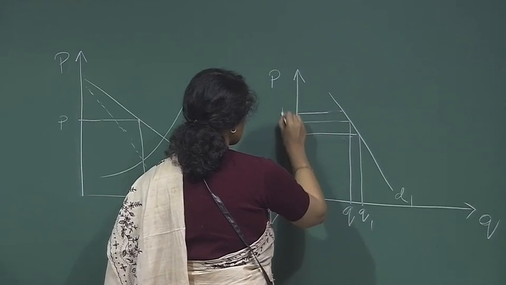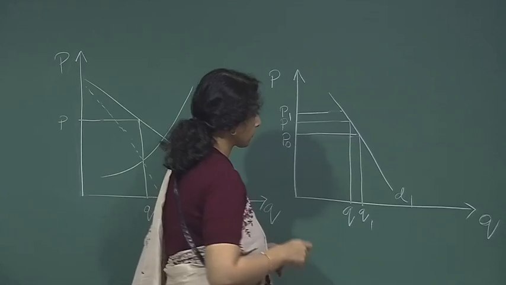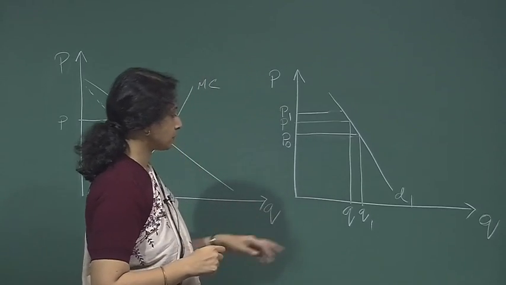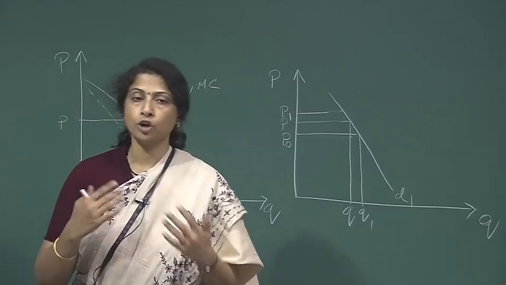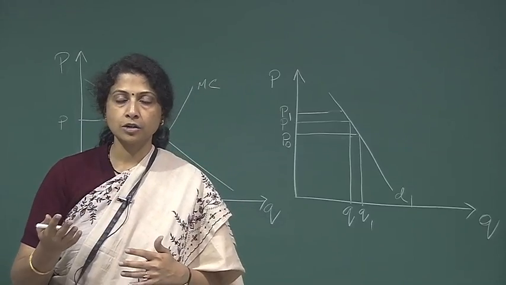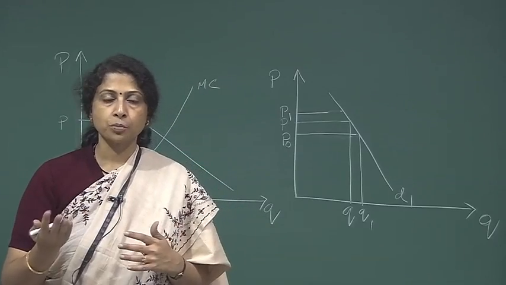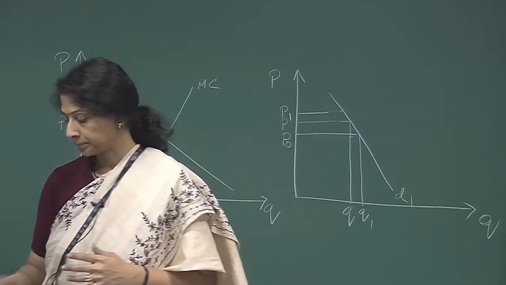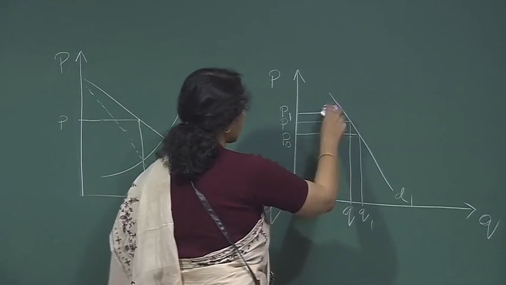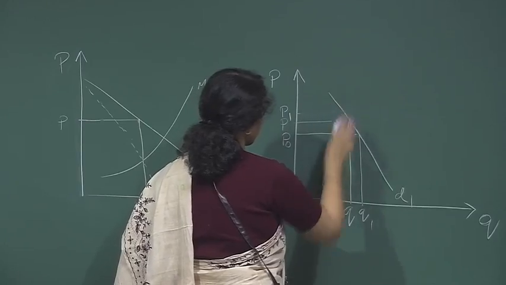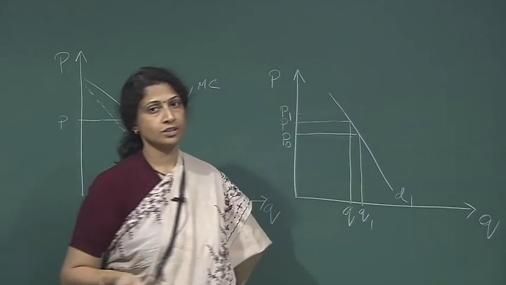So, if he raises the price to P1, since it is a negatively sloping demand curve, by the law of demand, a price increase is associated with a drop in quantity. Since that is going to happen, all the other firms in the industry are not going to raise their price.